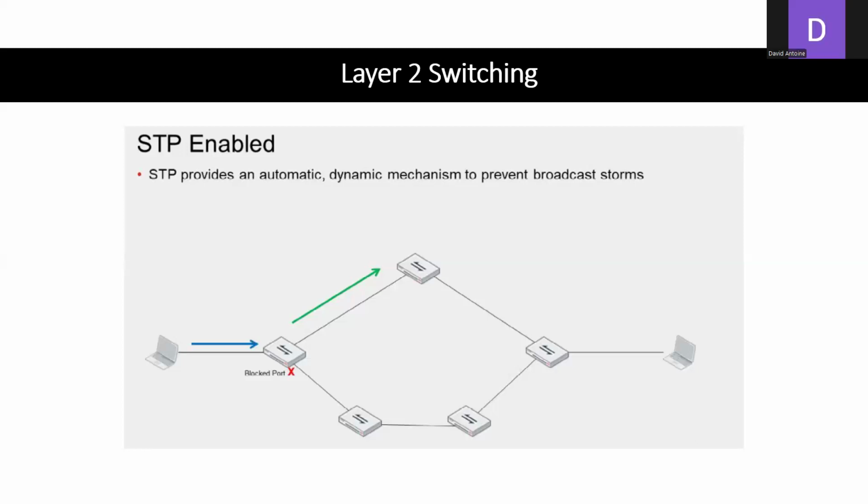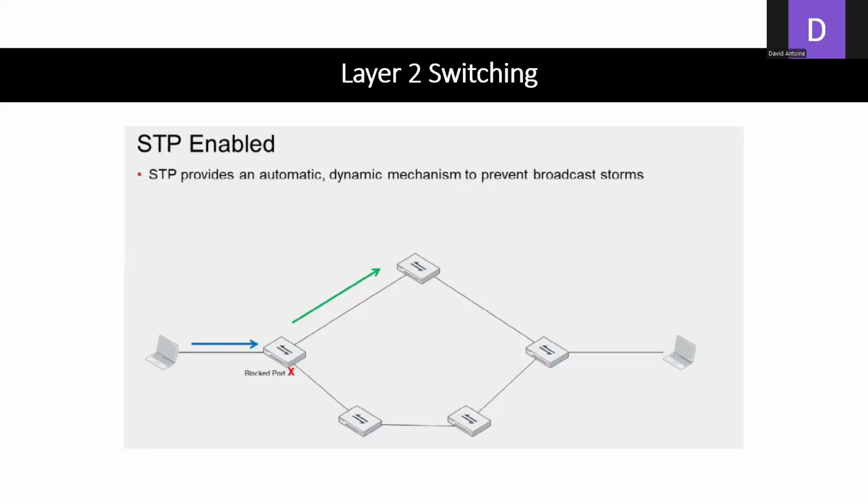100%. If you do a packet capture on a switch, BPDUs are sent every few seconds, in milliseconds. So if any type of topology change happens, and I don't want to get too deep into switching because that's its own dedicated topic, I can talk for hours on that.